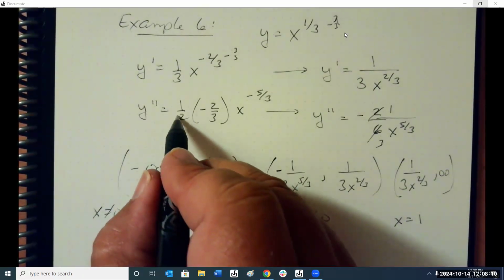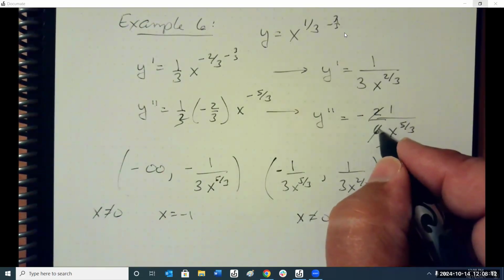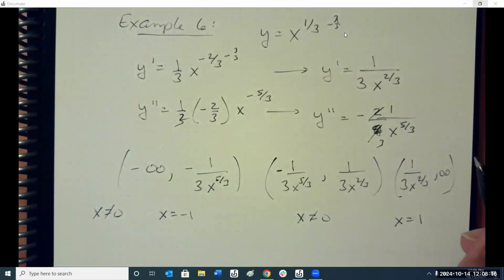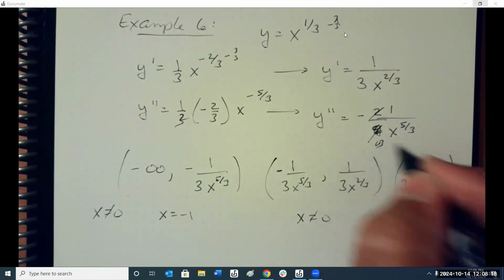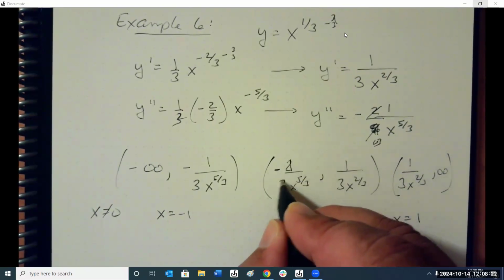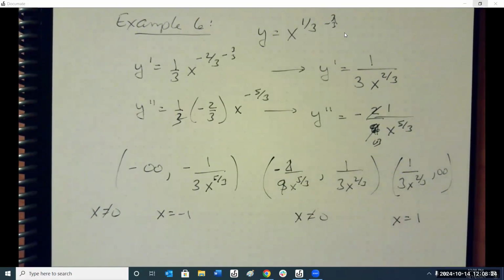What this one could be 2/9. Yeah, so it's 2/9 x to the 5/3.